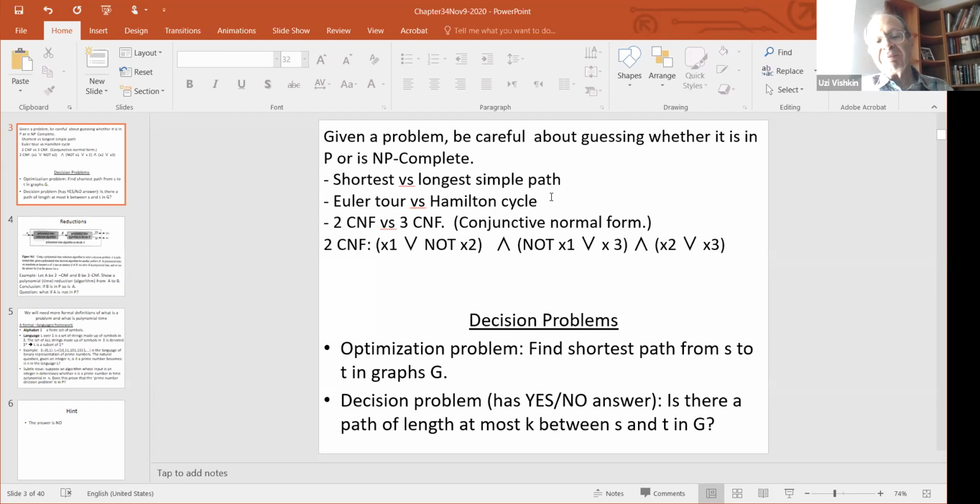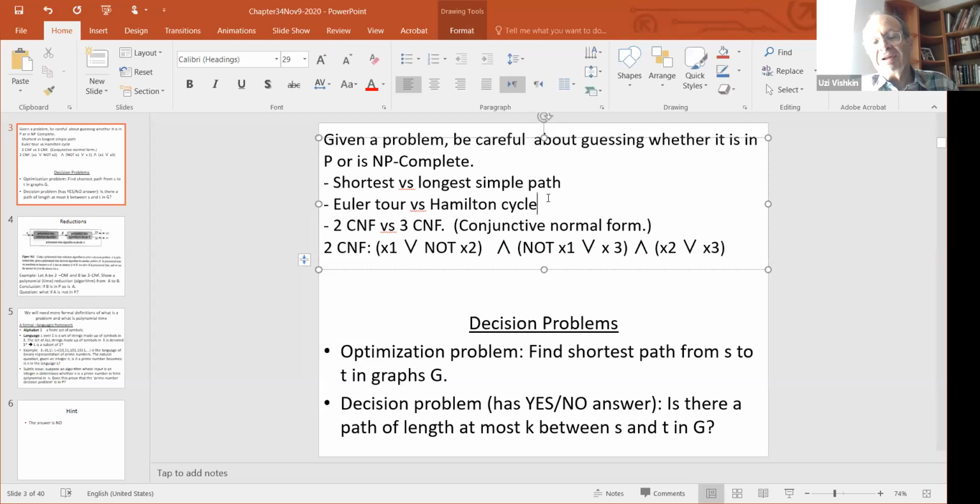Clearly, this problem has a polynomial time verification, because if you give me a path, I can count how many vertices it has. If it has k or more, the answer is yes, you established it. But of course, it doesn't tell me how to find the path. Again, if you give me a Hamilton cycle, I can verify that it's indeed a Hamilton cycle. If you give me a satisfying assignment to a 3CNF, I can trivially verify that it's a satisfying assignment.